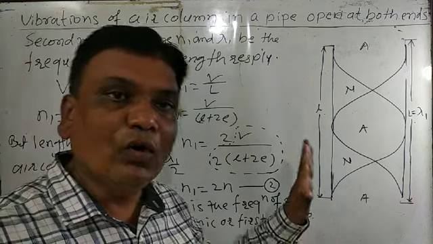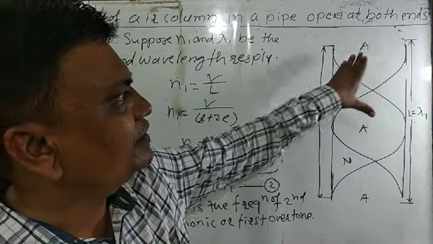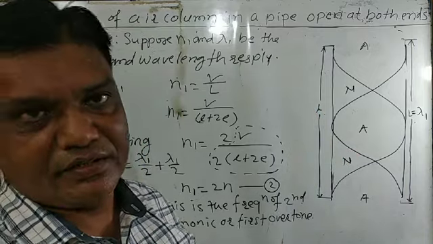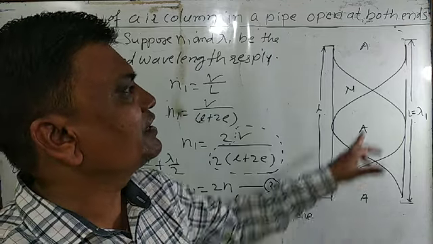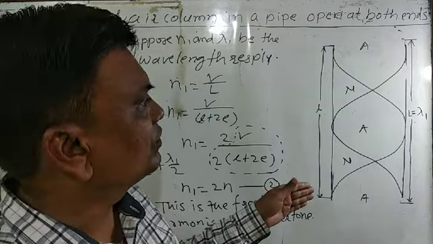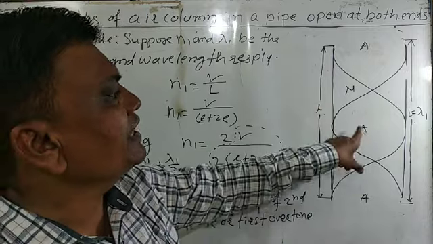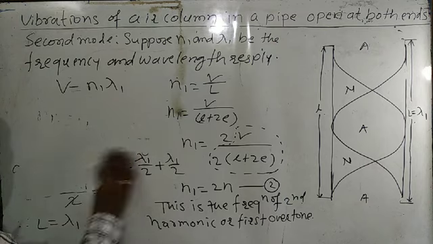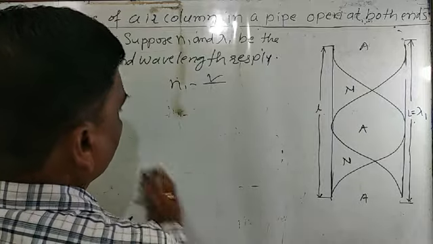Here we note that the same length of pipe and same length of air column vibrate in different modes of vibration, and the boundary condition is that there is always an antinode at the open end. Therefore the second mode of vibration must be this, and it contains 3 antinodes and 2 nodes, and we get N1 equal to twice N. Now the third mode, we consider another mode of vibration, that is the third mode of vibration.